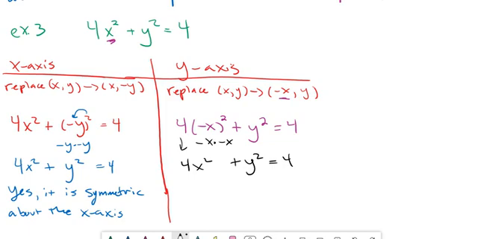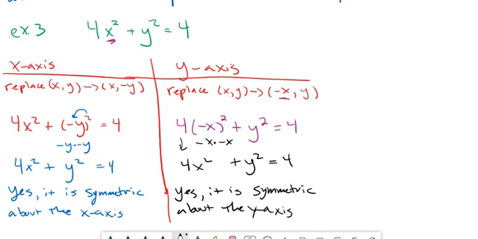So again, in the purple, we did our substitution. Then we simplified everything that we could. And now we're checking, does the green equation match the black equation exactly? And it does. So we could actually say yes, it is also symmetric about the y-axis.